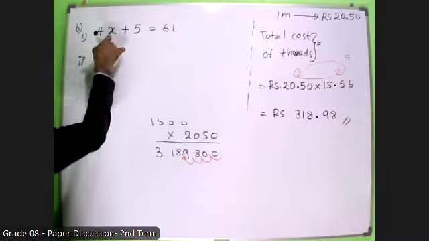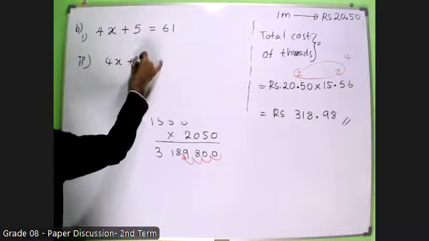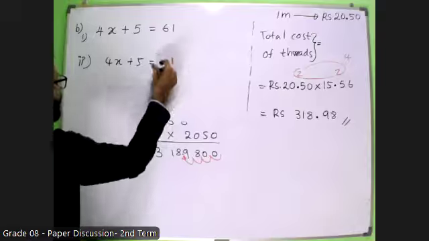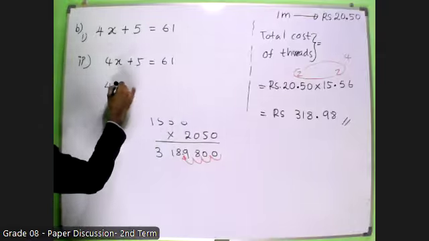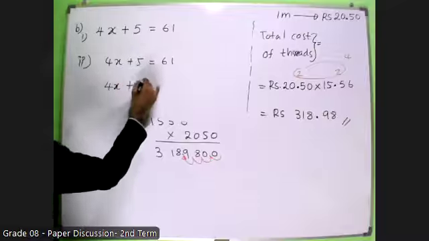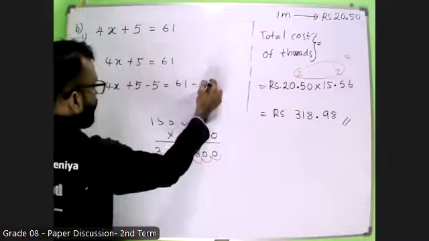So you have to find the value of x. I will rewrite this. And I am going to remove this 5 first. This is positive 5, so I will subtract 5 from both sides.